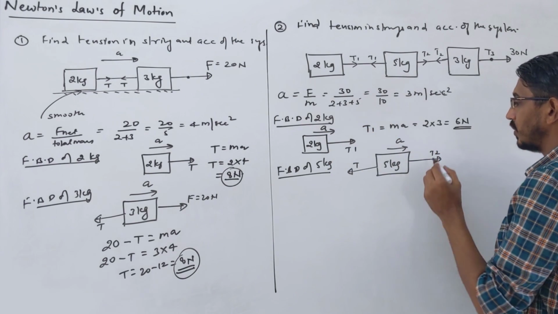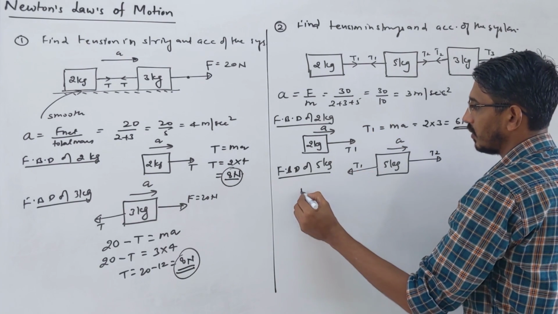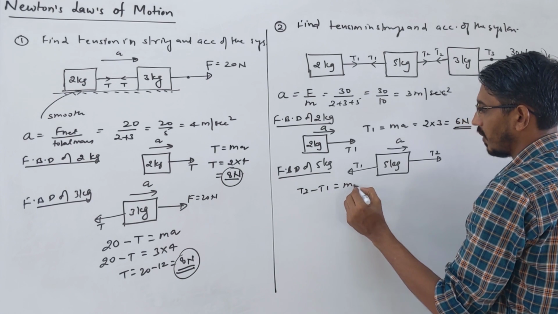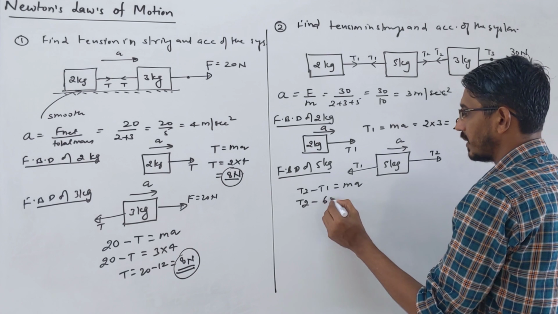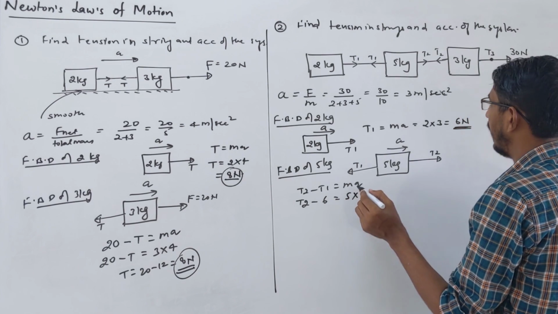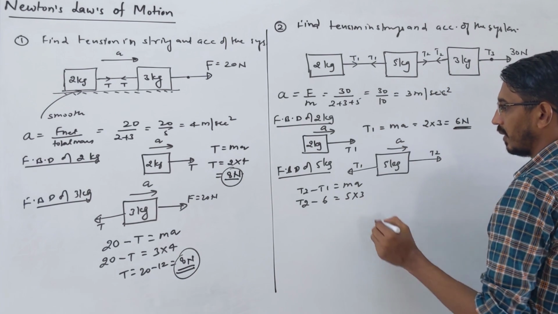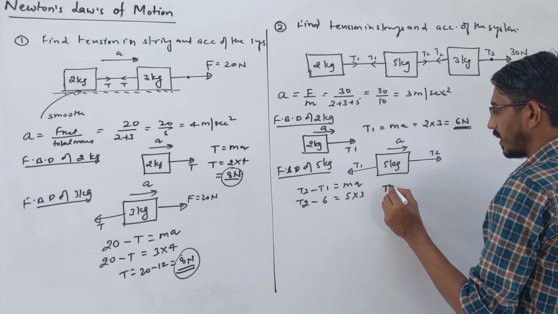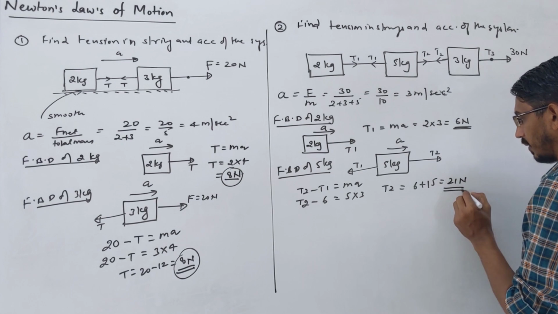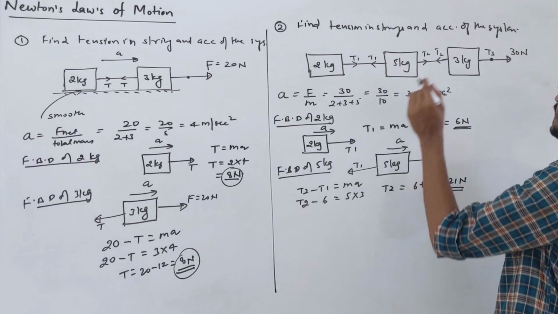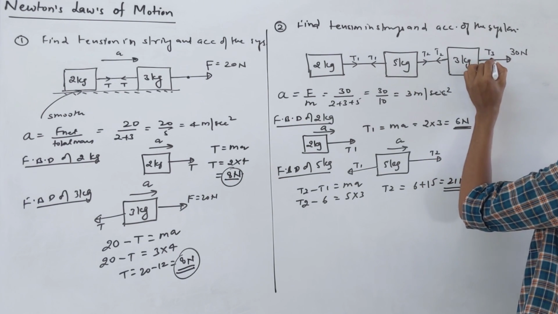So T2 minus T1 is equal to ma. T1 we have already found, T2 we need to find, so T2 minus 6 is equal to 5 times 3. So T2 simply becomes 6 plus 15, which is 21 Newton.